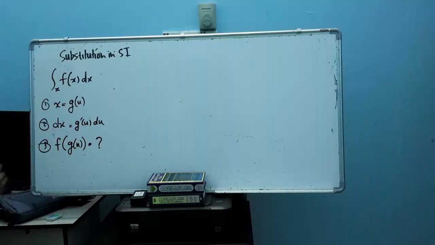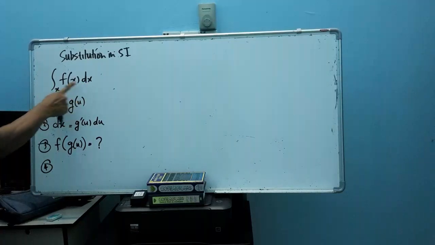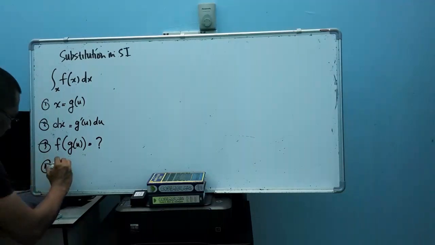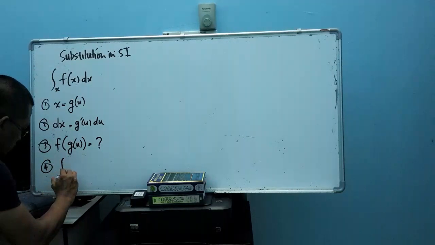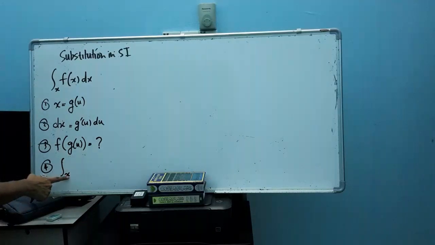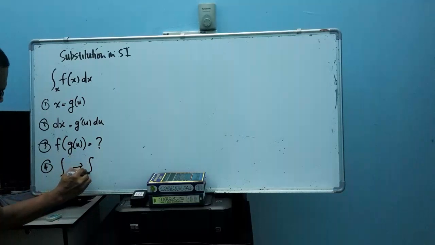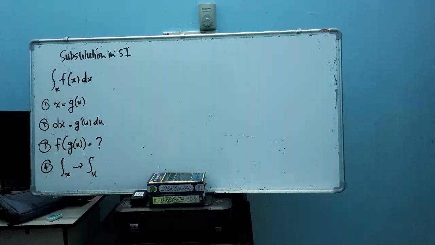And then of course the number 4. After I find this one, I need to find the limit of integration. I need to change my limits of integration with x values into limits of integration with u values. Always remember, most students forget to find this.